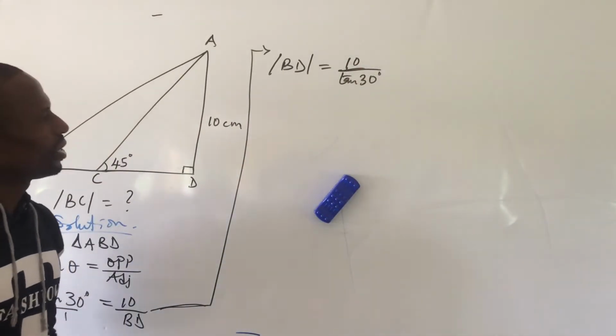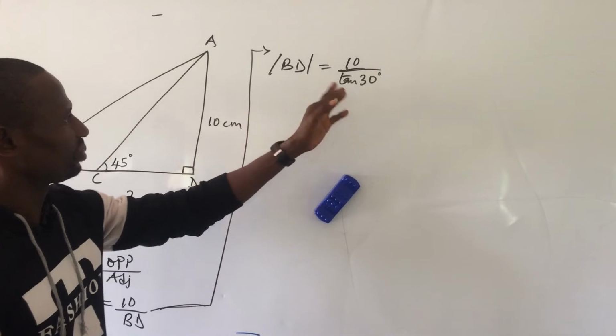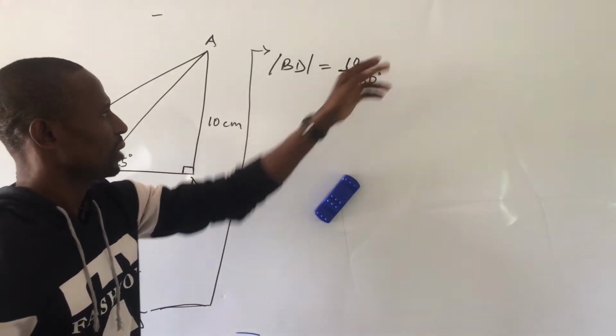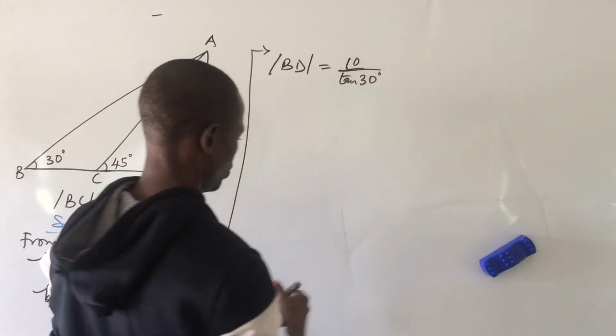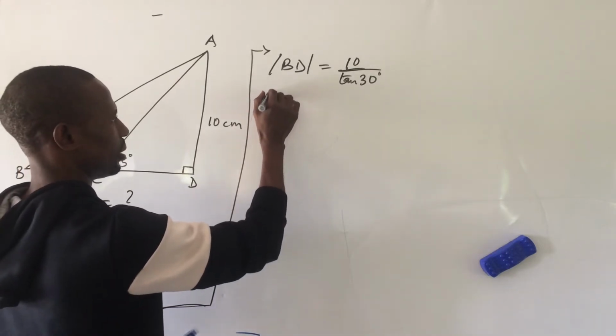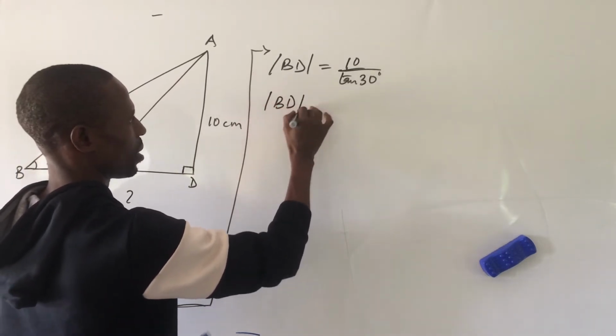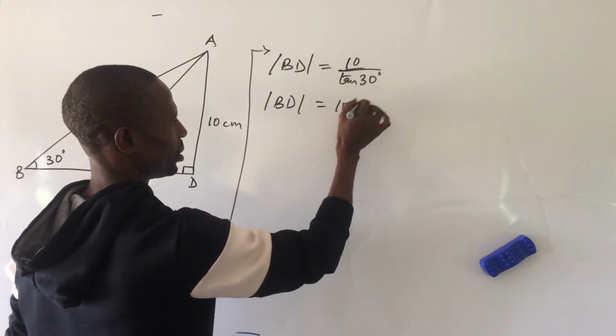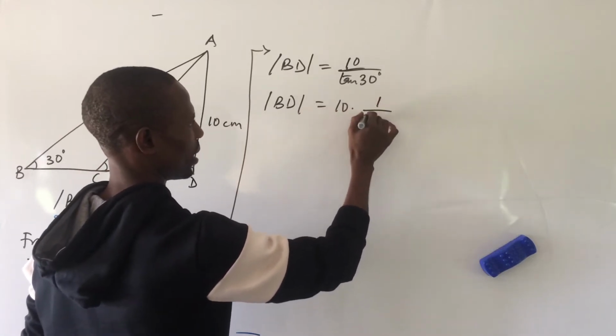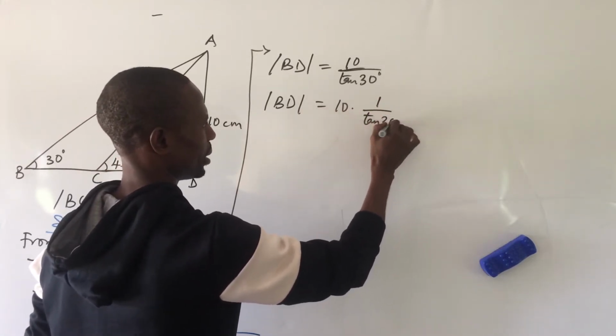This expression could also be written as line BD equal to 10 times 1 all over tan 30°.